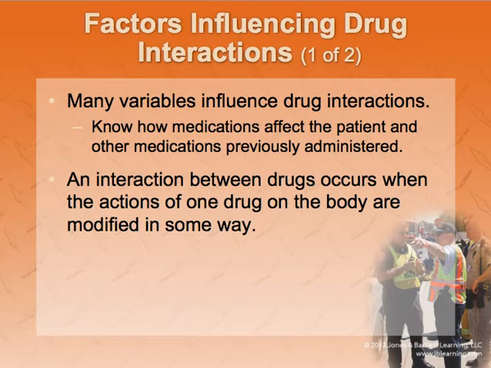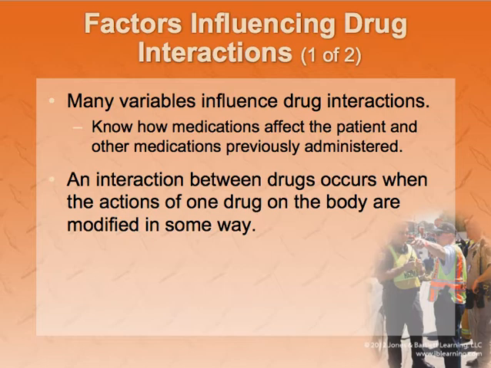So, like I just said, many variables influence these drug interactions. So what you want to do is know how medications affect the patient and other medications previously administered. If you're administering multiple medications to a patient, you want to know how they interact with each other. For instance, in the video you saw earlier, it may have talked about how we may give promethazine or Phenergan along with morphine or Demerol to enhance the effect of the Demerol.